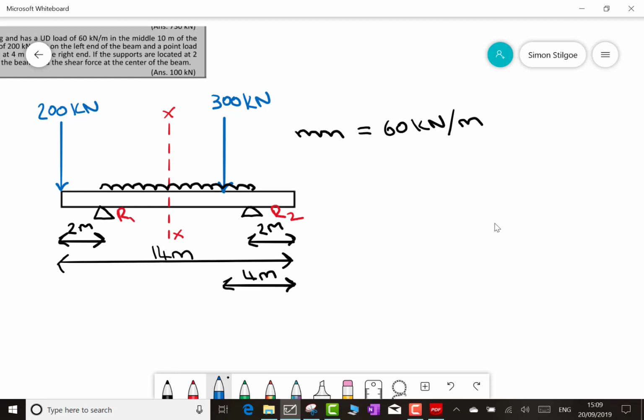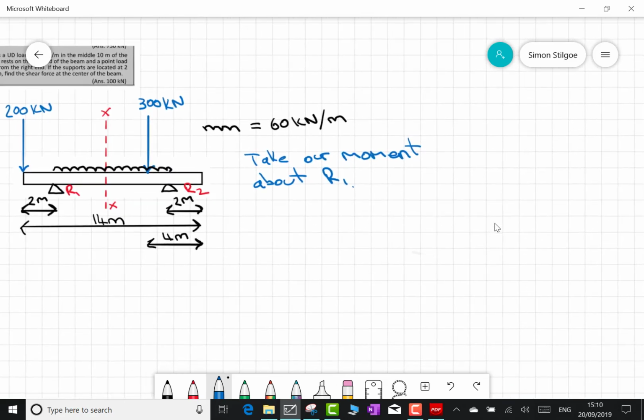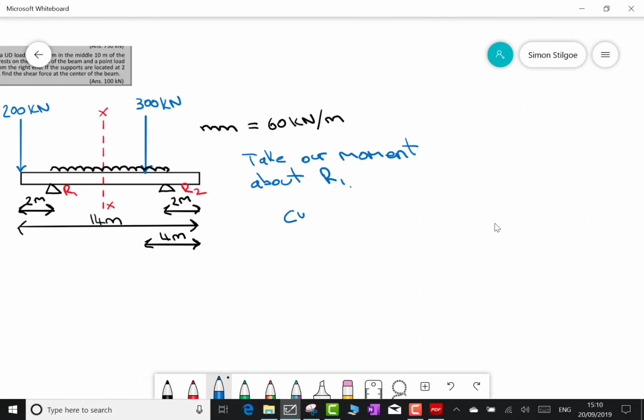So let's take our moment about R1. Our clockwise moments must equal anti-clockwise moments if we are trying to get equilibrium, which is what we're solving for.